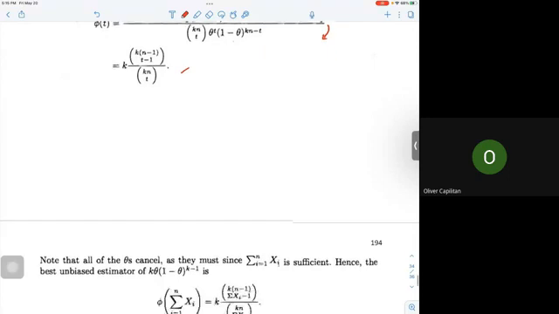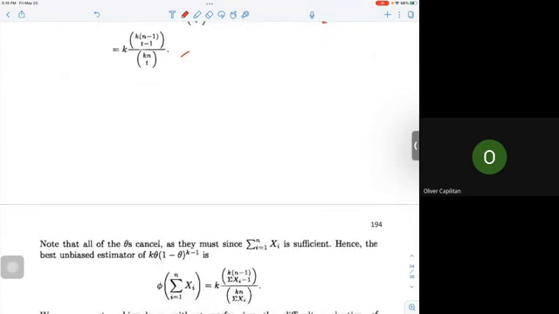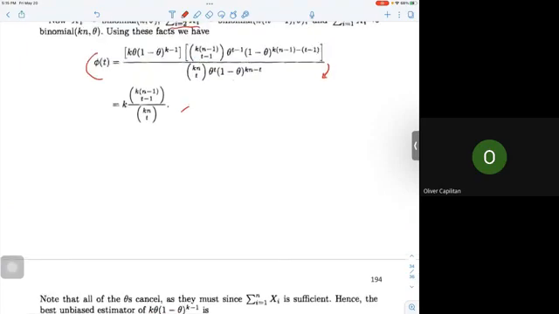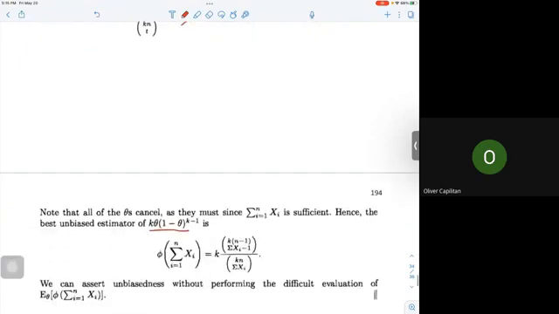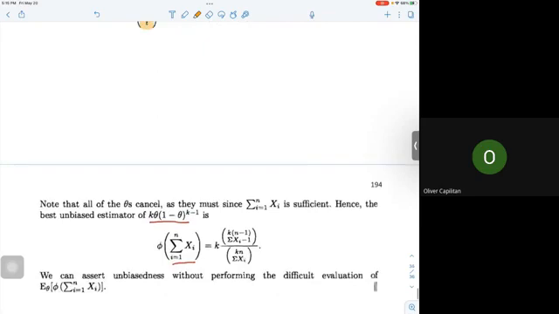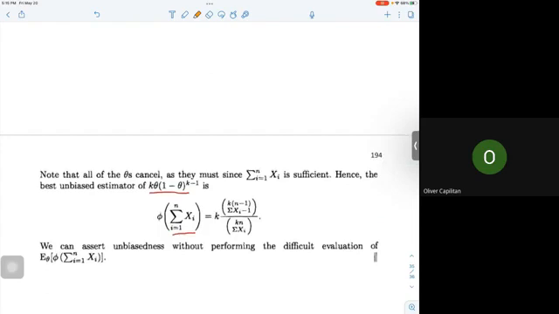Hence, the best unbiased estimator of this function of the parameter will be, kasi ito estimate lang ito, phi of this complete sufficient statistic, summation of x sub i. Okay, palitan na lang natin itong mga t natin dito, yung mga t yan, by summation of the x sub i's. So it is the best unbiased estimator.